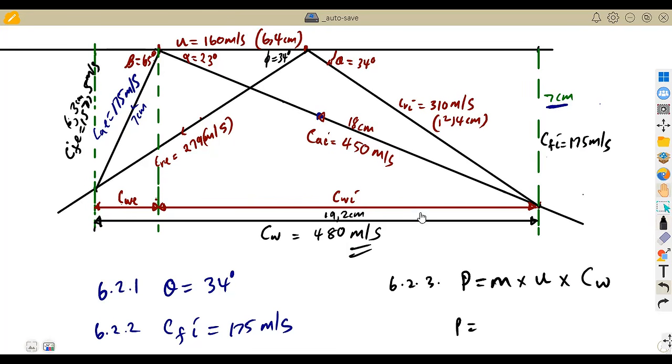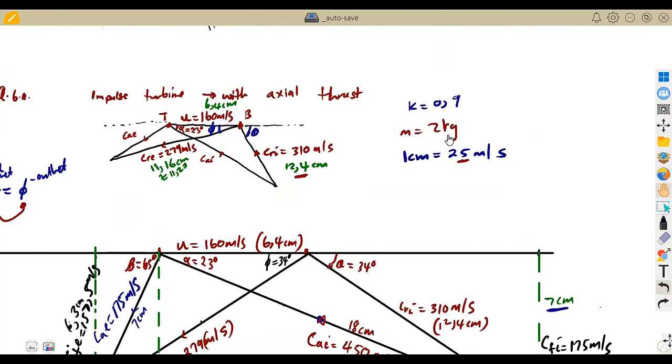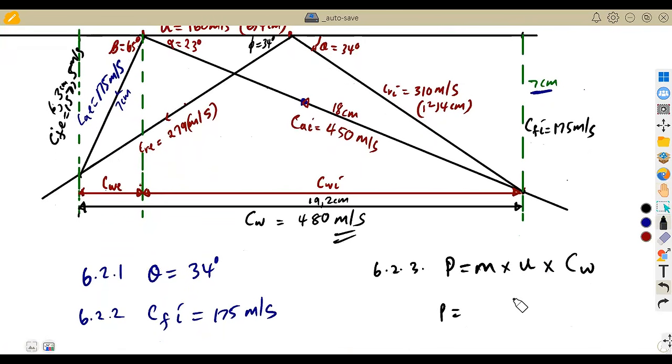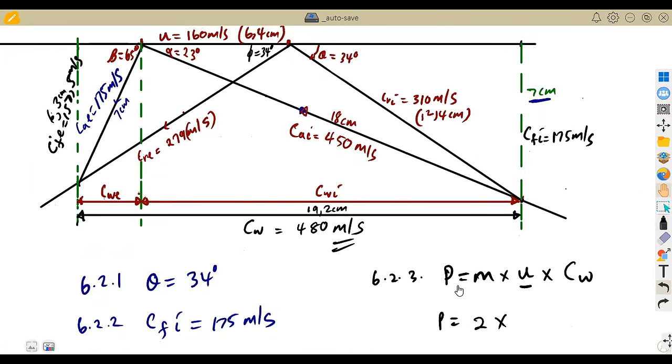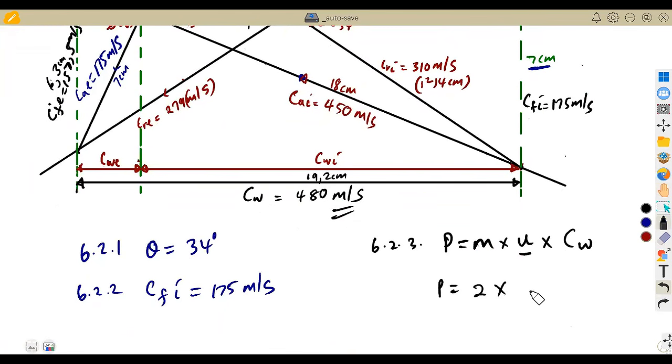Remember the mass we are given, the mass of air, which is 2 kilograms in this case. So we're going to have 2 kilograms. There we are given it in kilograms. So that's 2, not 0.2, but 2 kilograms times our mean blade velocity, which is 160 meters per second, times the total wheel, which is 480.